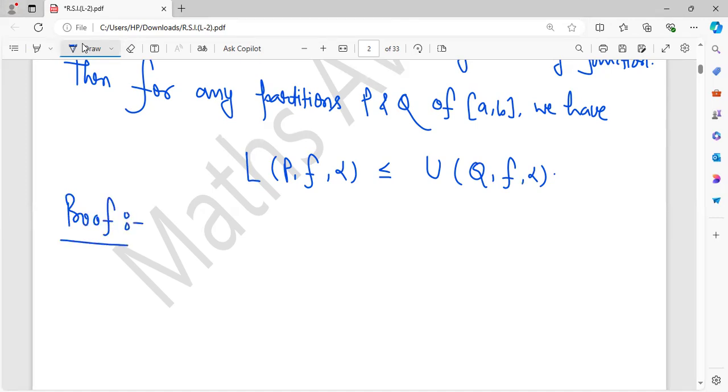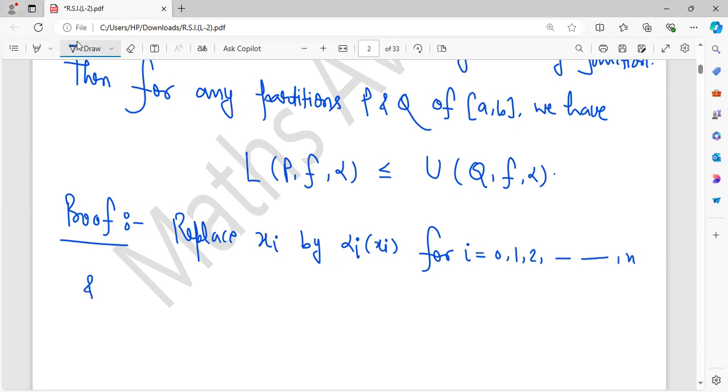So you repeat the same proof. Replace Δx_i by Δα_i, and replace x_i by α(x_i) for i going from 0, 1, 2, 3 up to n.